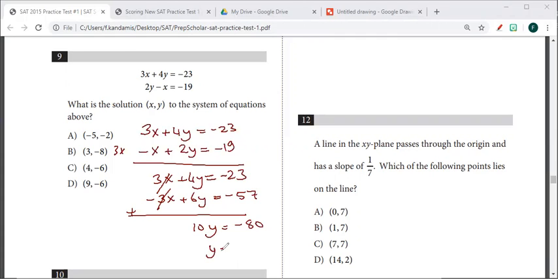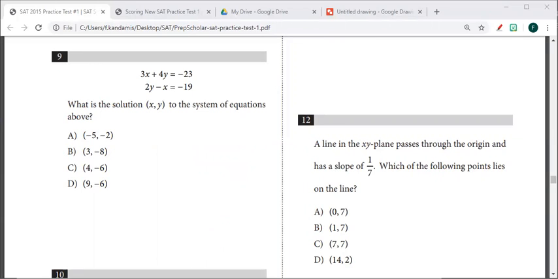So y equals negative 80 over 10, which is negative 8. After finding that, just look at the options so you can eliminate some choices. The only choice which has minus 8 here is B. So I don't need to solve further for x. I already got the correct answer by looking only at the y value.